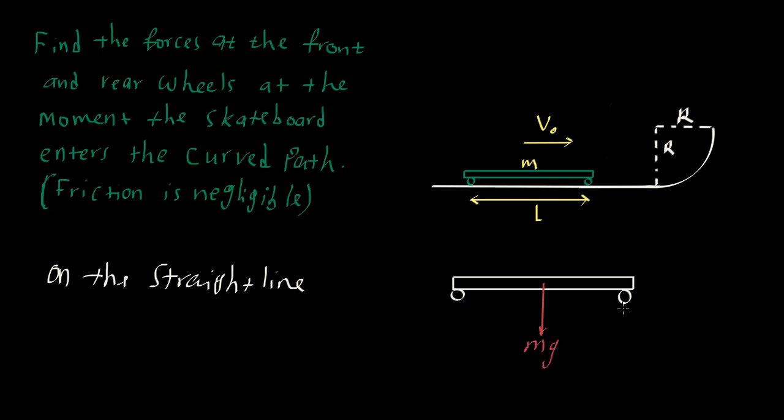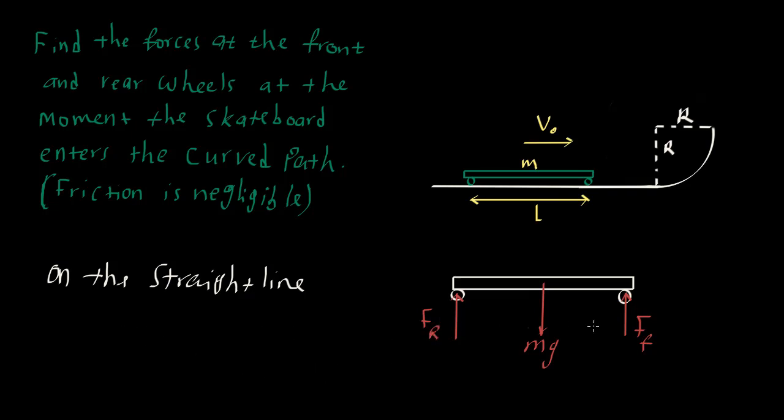We have the force at the front wheel, which, because we don't have any friction, is going to be normal to the surface, normal to this straight line. So here, this is F, force at the front wheel, so F_F, and here we have this force, which is the force at the rear wheel, or F_R.